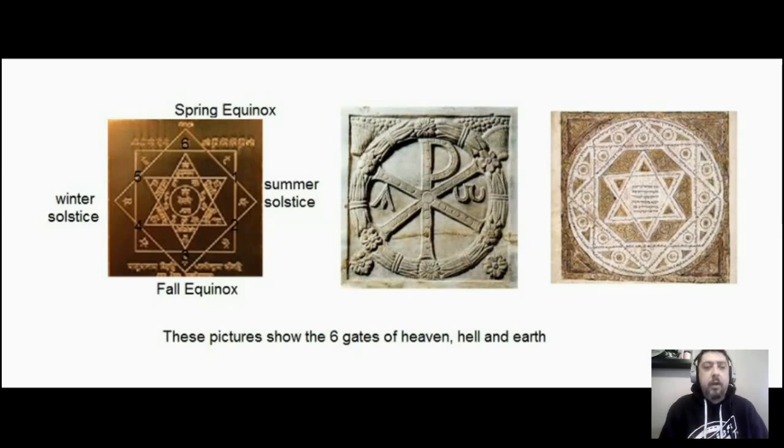The 5th is the Orthodox New Year, 5th gate. So, and you got Gate 3 and Gate 6, which happen to be the equinoxes. So, that's heaven, 3 and 6.